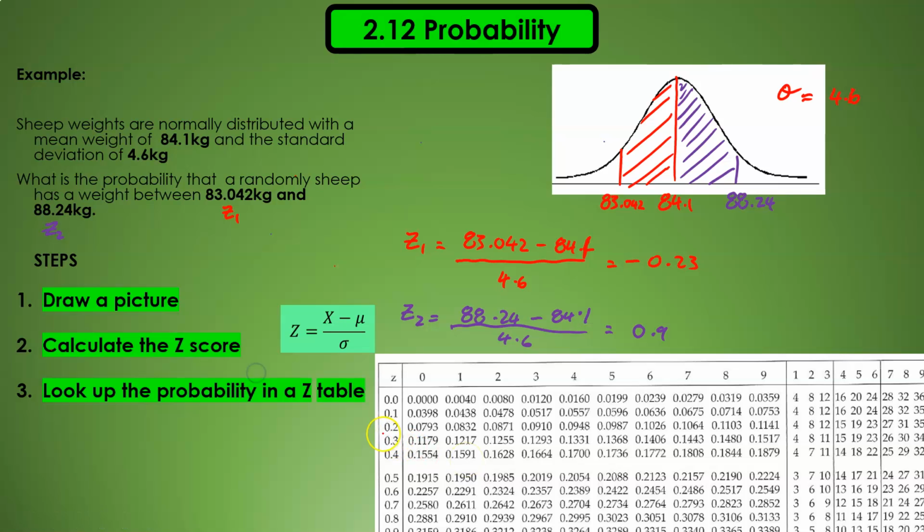So 0.23 gives us this area is equal to 0.0910. And then for 0.9, we can just see it there, it is 0.3159.